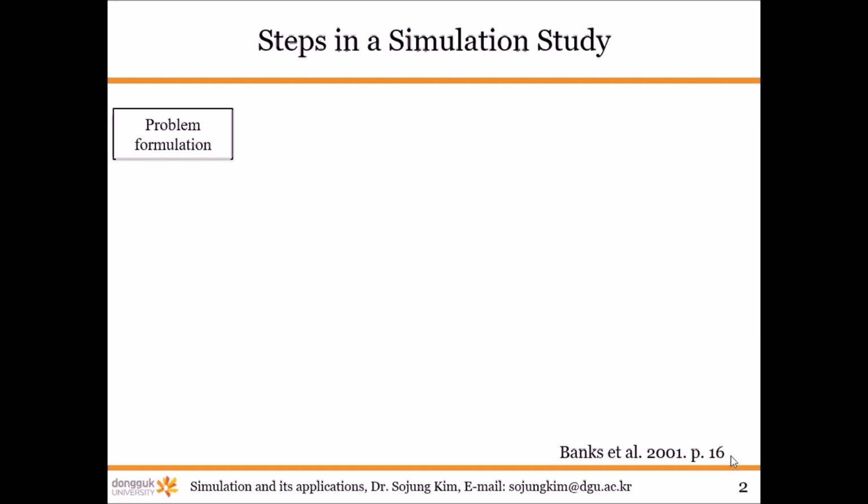First of all, you need to find the problem, right? So we begin with the problem formulation, and then once we have a problem, definitely we need to set the objective and also an overall project plan.